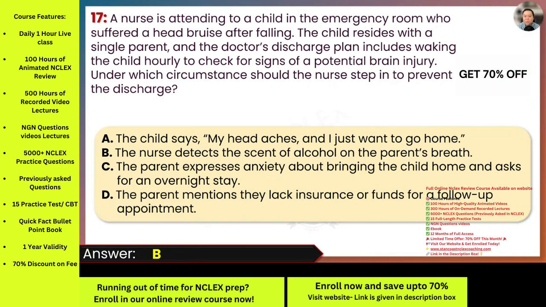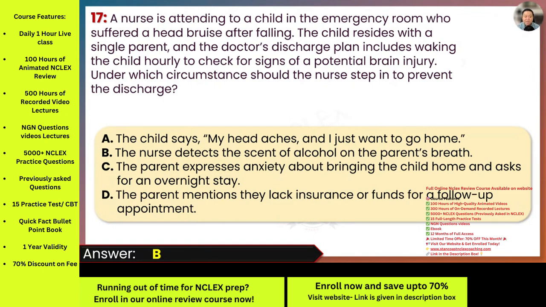They may not be able to wake the child on schedule or even seek immediate medical help if needed. And so discharging the child in this situation could be considered neglect. And the nurse must advocate for the client's safety by notifying the provider and possibly involving social services. So your role here is to ensure the child has a responsible caregiver before discharge.